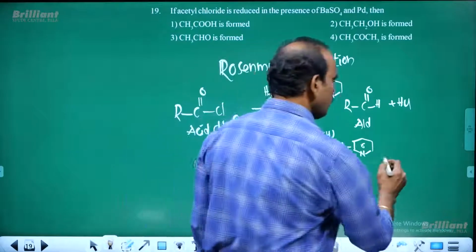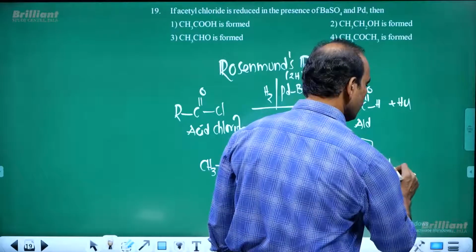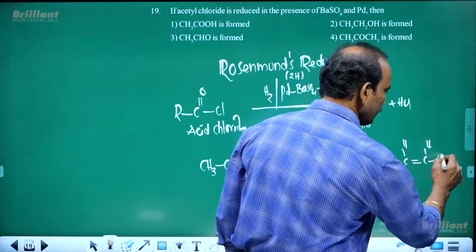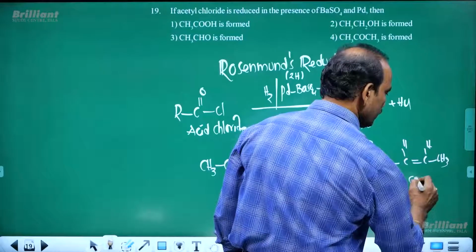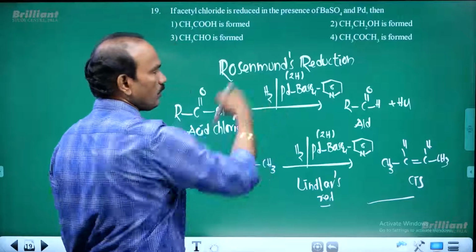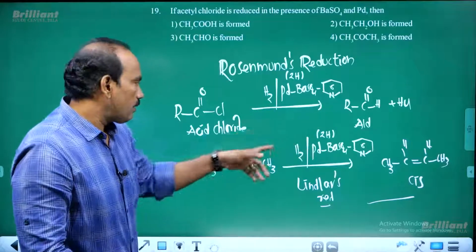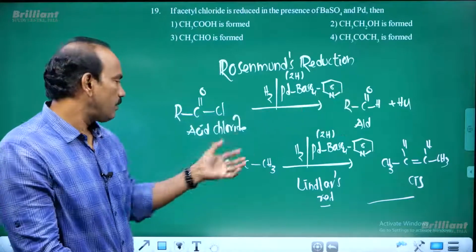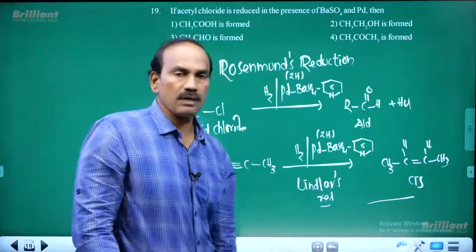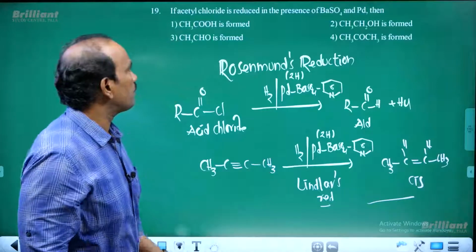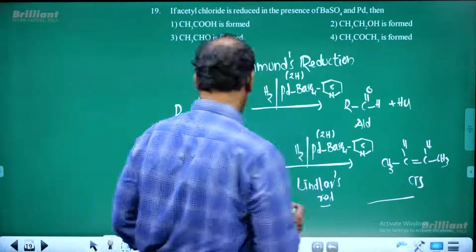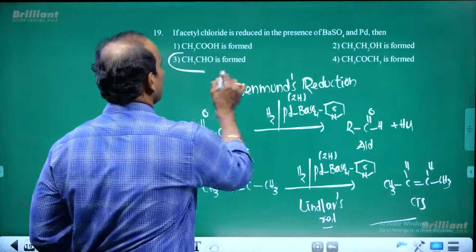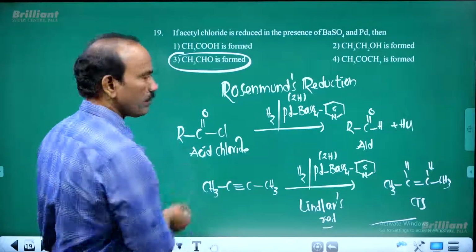You get cis-alkenes. So the reagent is the same, but the reactants are different. If it is an acid chloride, that is a Rosenmund reduction. If this is an alkyne, this is called Lindlar's reduction. Okay, so here the answer is aldehydes. This is a 2 carbon. Okay, no?